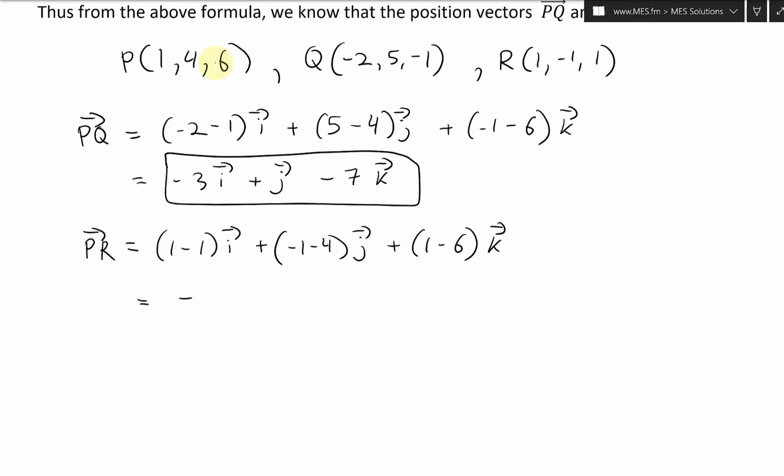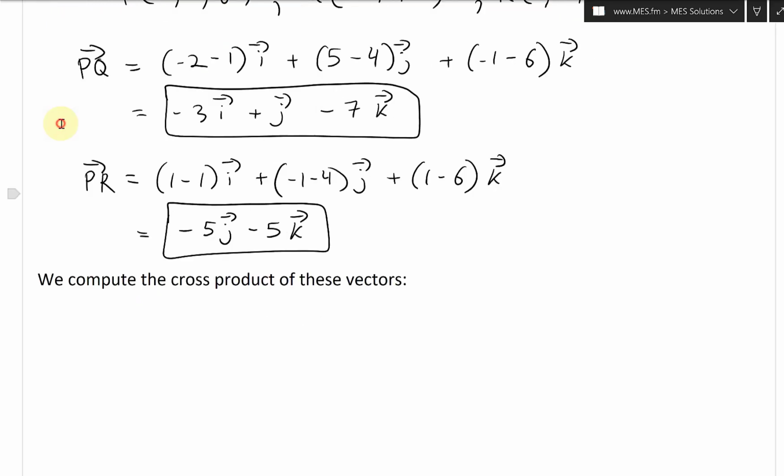Next one, negative 1 minus 4 is negative 5, J, and 1 minus 6 is negative 5, K. So we have all this, and let's just box it out. Next step, we just take the cross product.